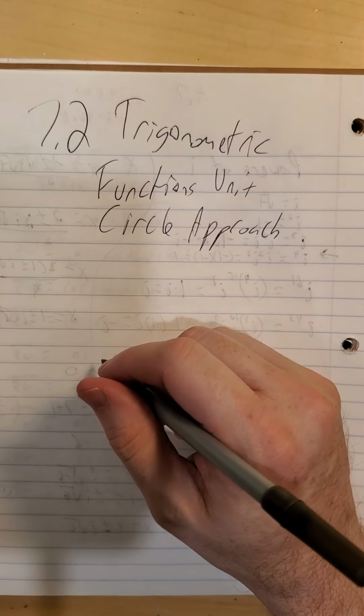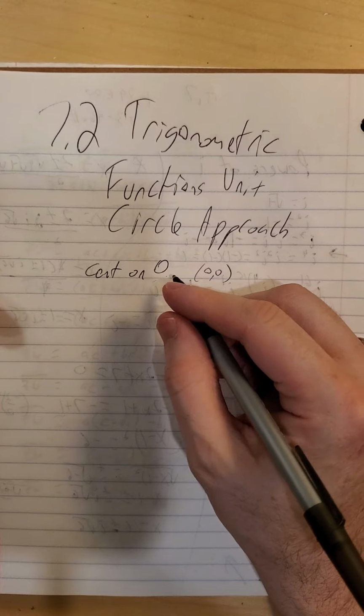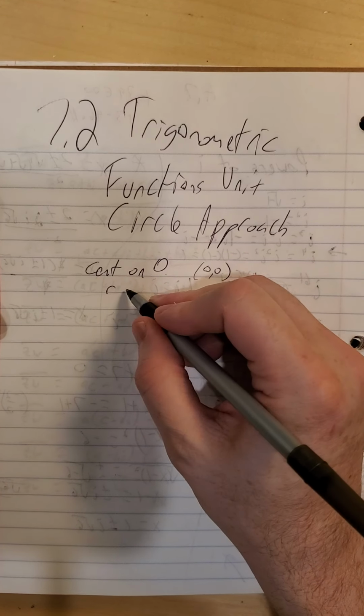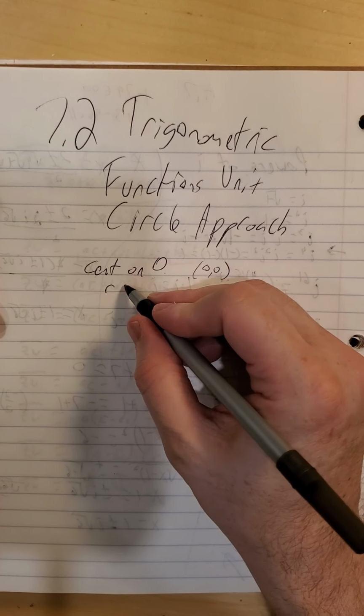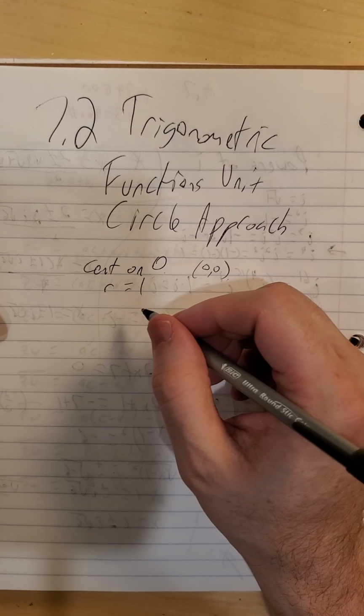So the idea behind the unit circle, we are centered on the origin, centered on 0, 0, and we have a radius of 1.